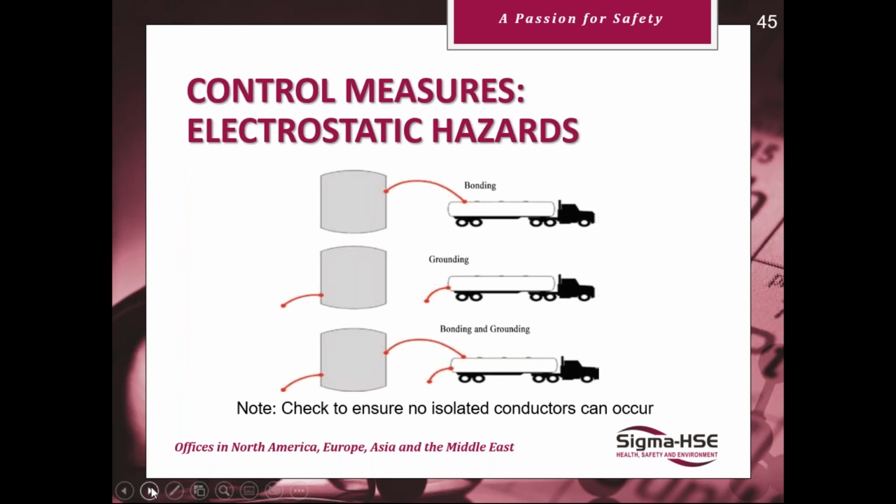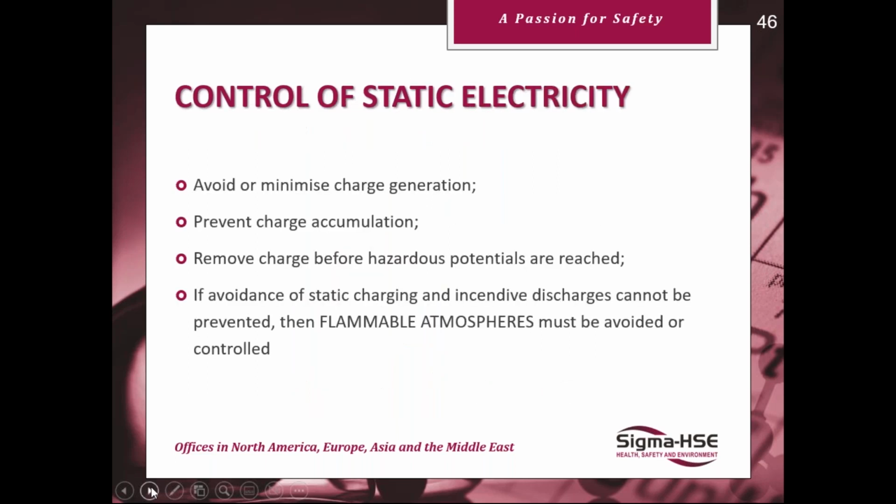Controlling measures, we have bonding and grounding. Note, check to ensure no isolated conductors can occur. What I'm telling you is you have to make sure that the earth or the bond has got to be continuous. So avoid or minimize charge generation.